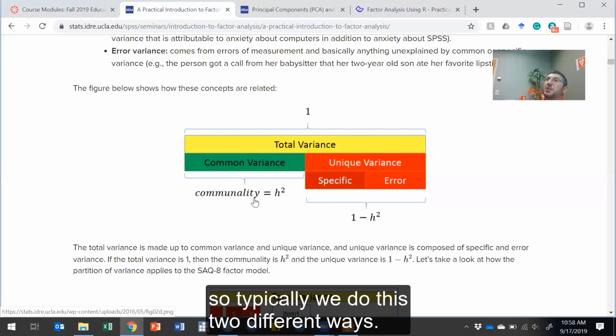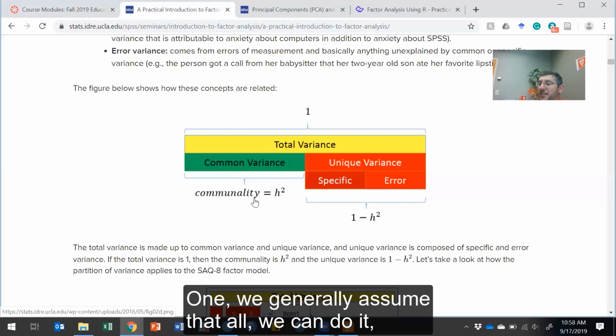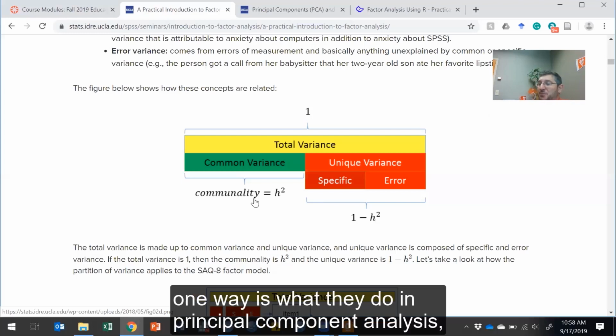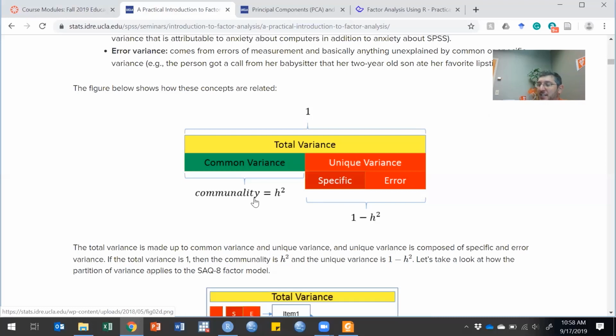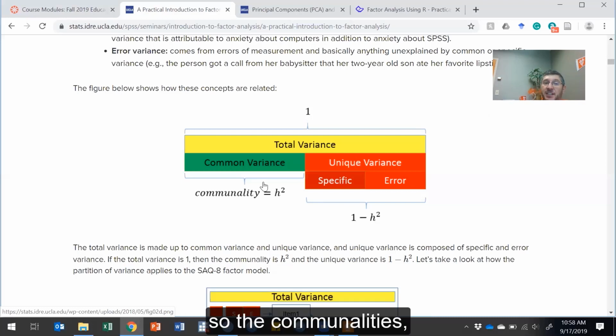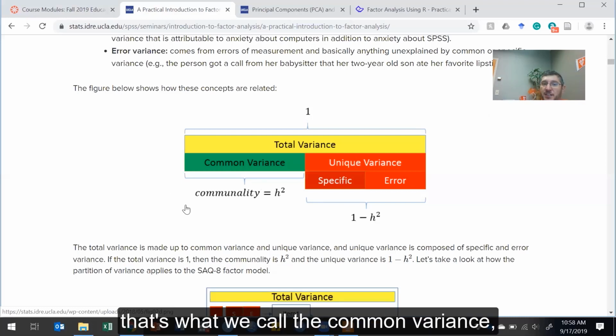Typically we do this two different ways. One way is what they do in principal component analysis, which assumes all the variance is common variance. The communalities, that's what we call the common variance, usually noted h squared.